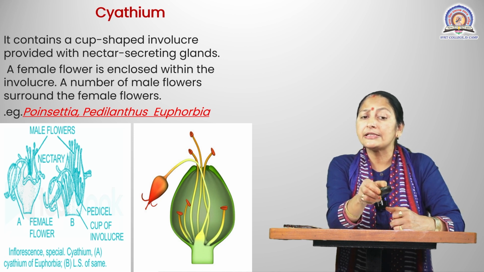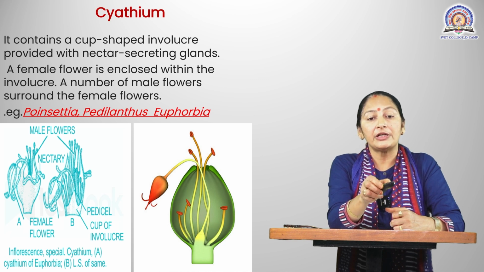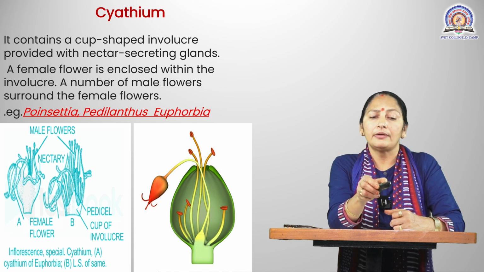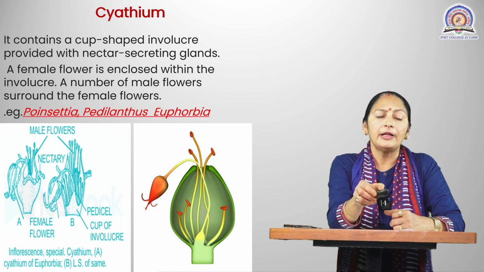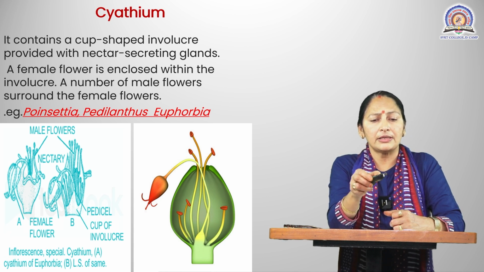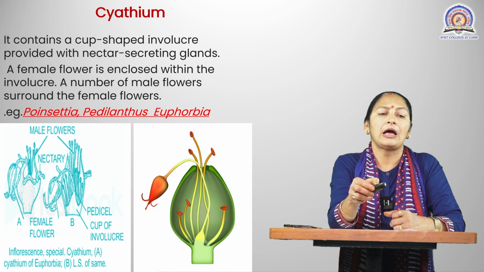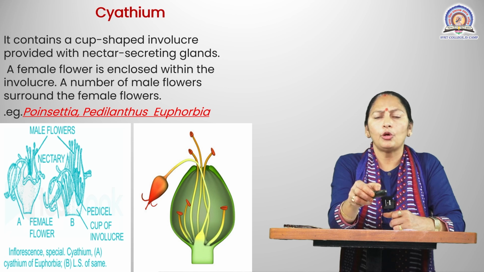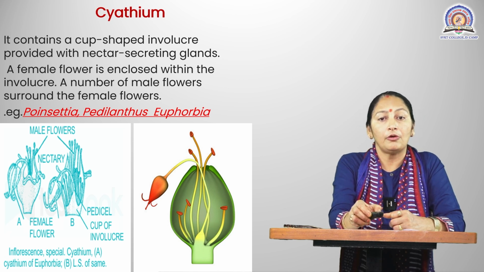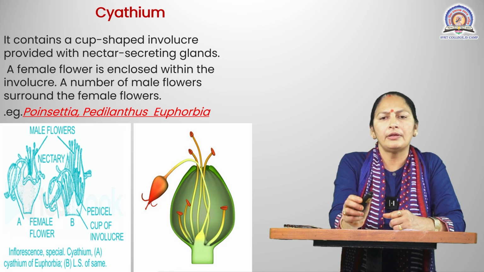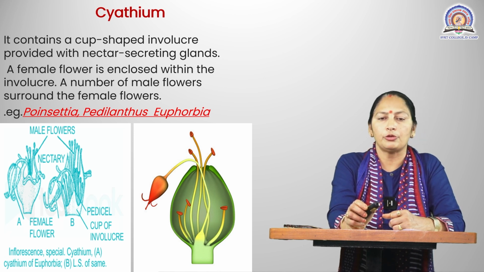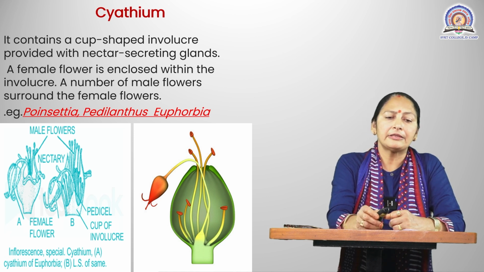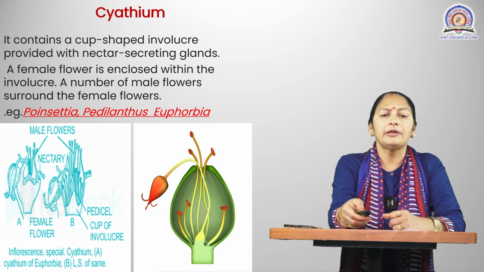One of the largest, the female flower, is present, of dark radiant color, and this female flower is comparatively larger than the male flowers. All around this female flower the male flowers are present, and there are so many of them. There is only one female flower, and in the periphery the male flowers are arranged in the cyathium type of inflorescence, and the peculiar character is that the nectar secreting gland is present in the cyathium type of inflorescence.